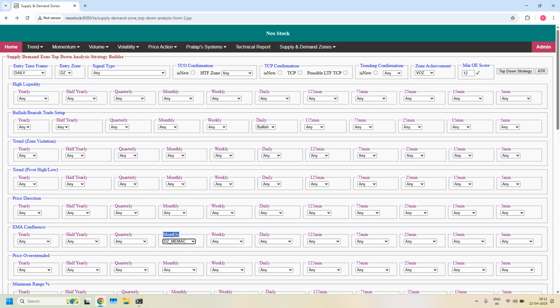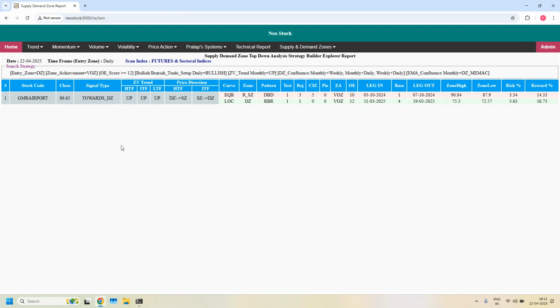At the same time, monthly trend should not be sideways. So in the monthly trend, I am selecting uptrend because it is a bullish trade setup. We got 1 stock that is having uptrend. So this daily demand zone has an even higher probability of success.